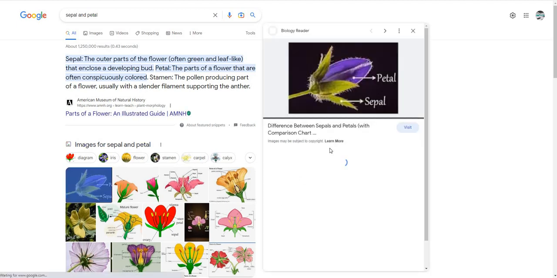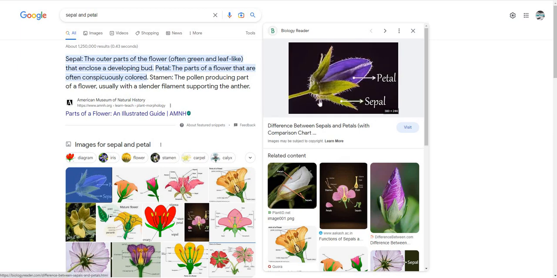If you search for sepal and petal, this is a good image to explain. Sepal is, when it's a bud, it closes, right? When it comes up, the green part is the sepal, and the petal is of course the flower petal. Okay, can you understand? This is the sepal and this is the petal.